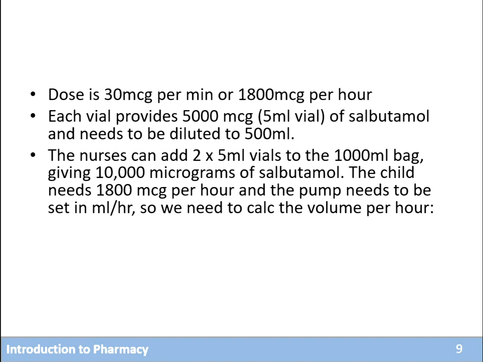The child needs 1,800 micrograms per hour, and the pump needs to be set in mils per hour. So we've now got to convert the amount of salbutamol we've got to the amount of liquid that's being infused per hour. And the calculation they did was 1,800 over 10,000 times 1,000, which gives us 18 milliliters per hour.